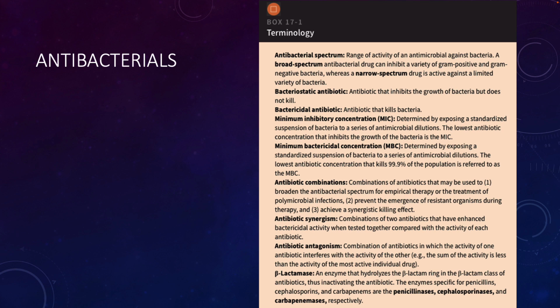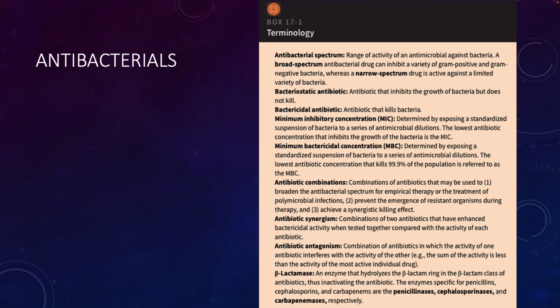So you may need to prescribe 2 or more drugs to help the patient clear that infection. This can also help prevent the emergence of resistance. So if we treat an infection with 2 drugs, and at some point during the course of the infection, the bacterium becomes resistant to drug number 1, there's still drug number 2 to come in and kill them before they can get out and spread that resistance.